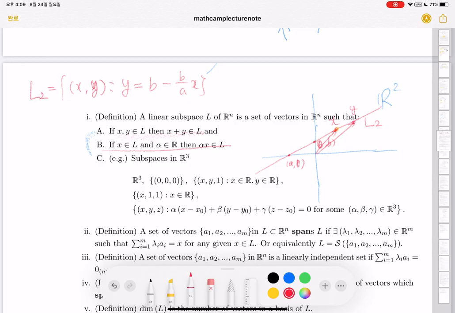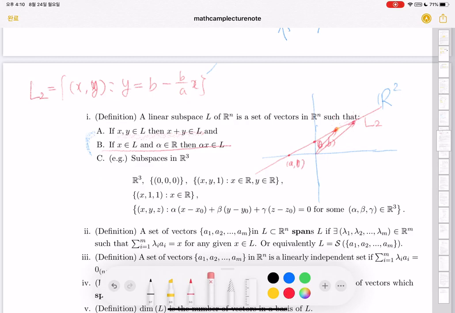So x plus y, both x and y are members of L2, but the sum of x and y is not a member of L2. Right? So the first condition is violated.